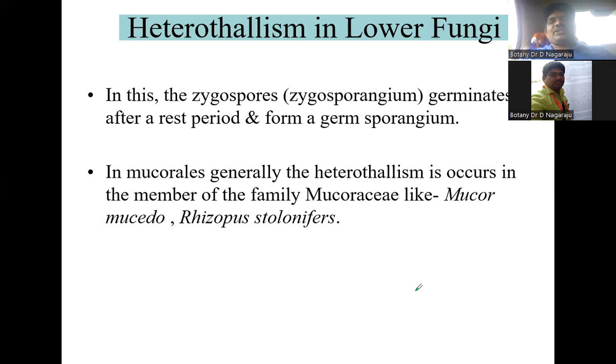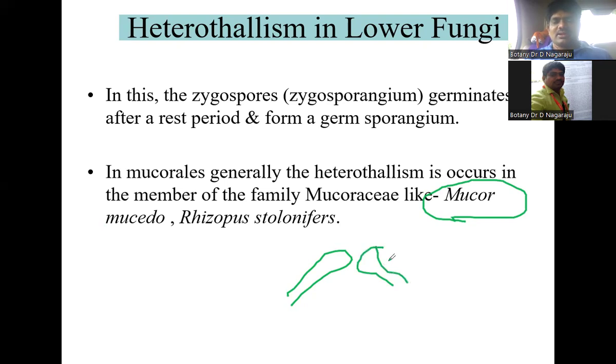Usually, in the lower fungi, Zygomycetes, whenever zygospore formation is taking place, only 2 opposite strain thalli are mating. I already told you, 2 opposite strain gametangia come together and mate. Cell wall dissolution takes place, forming the zygospore.